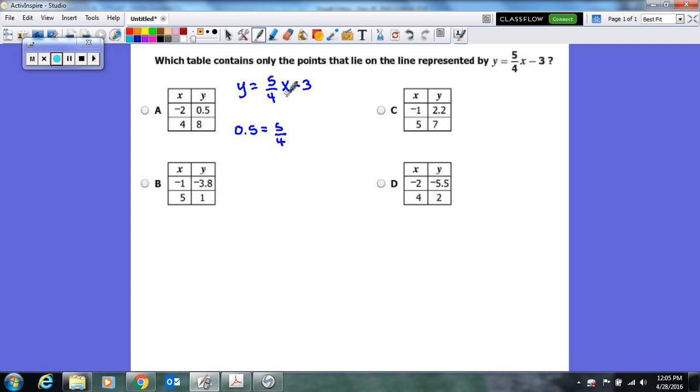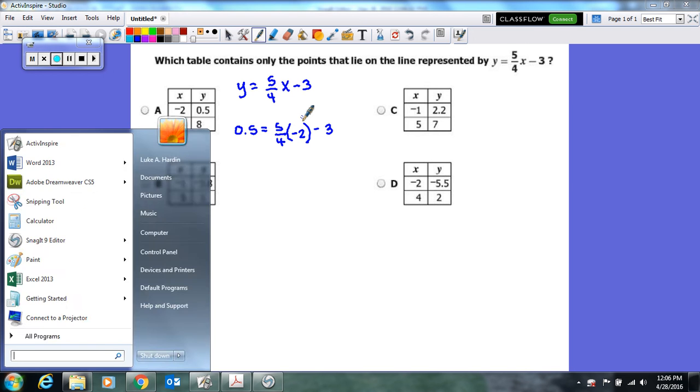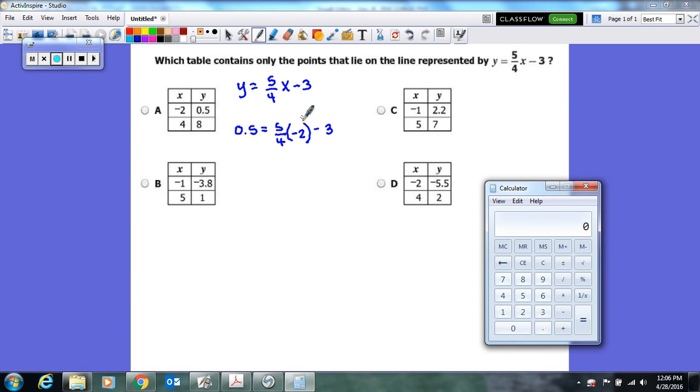Instead of an x, I have a -2, minus a 3. So when I combine all of this information together on this side, it might behoove you to use your calculator for this section. So I would literally divide 5 by 4, and then I would multiply that times -2.